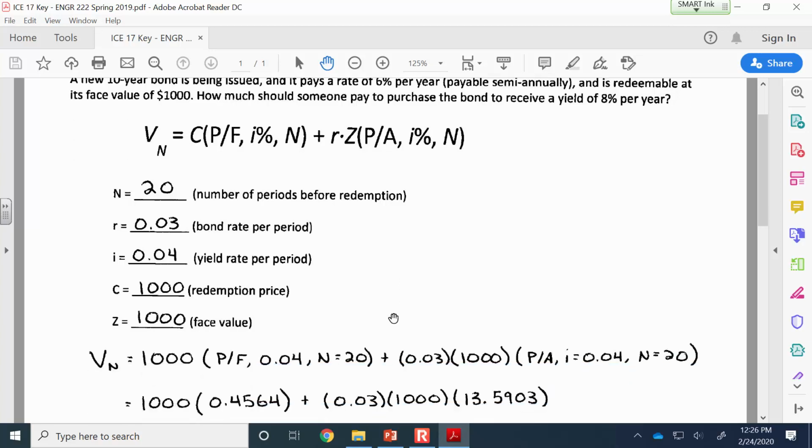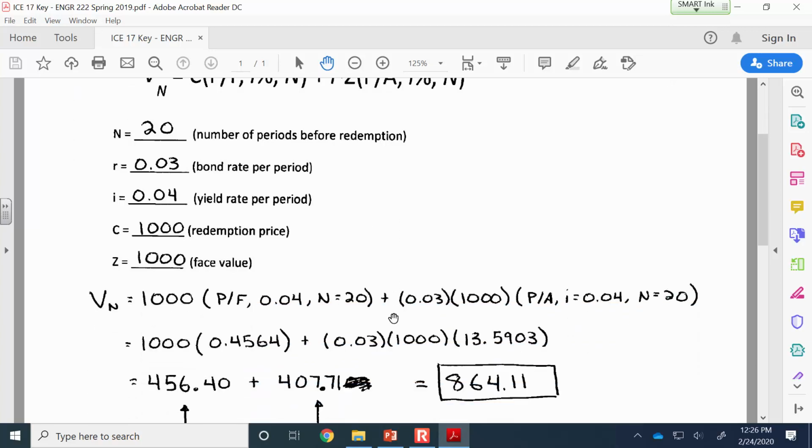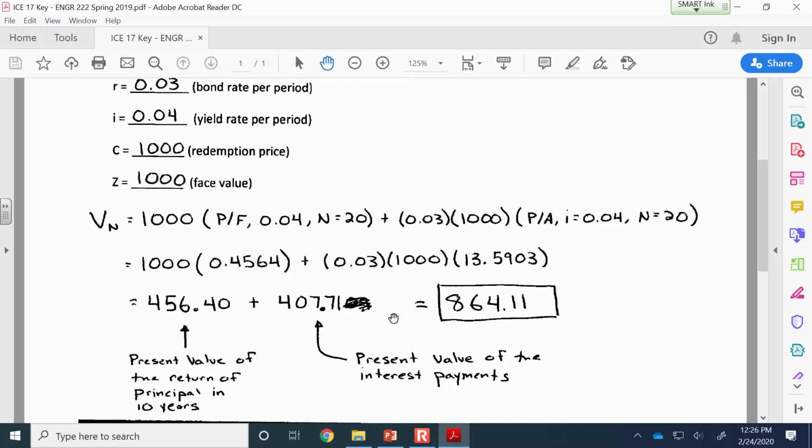So if we substitute that into the formula, then the yield rate is 4%, and we're trying to find out, what factor should we look up to find the present value of that future lump sum of 1,000. So we can look up the factor off of the table that's provided. Also the what factor for the P/A.